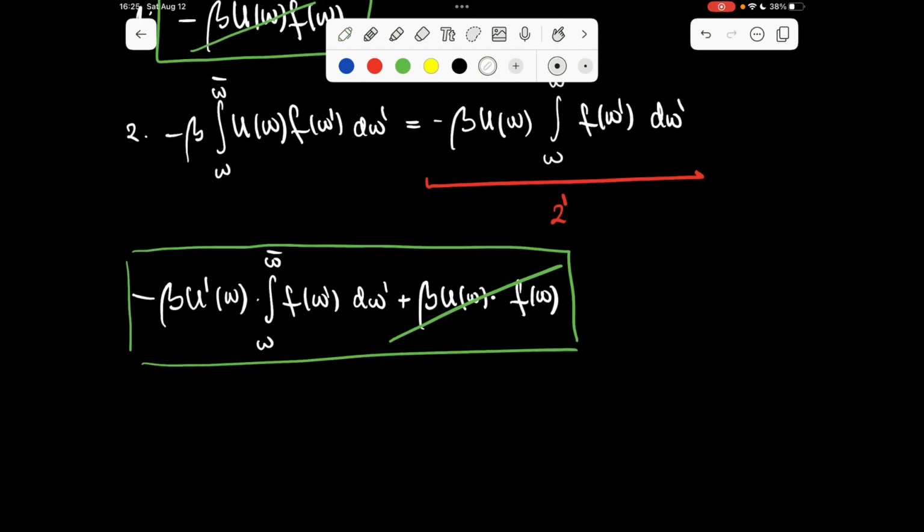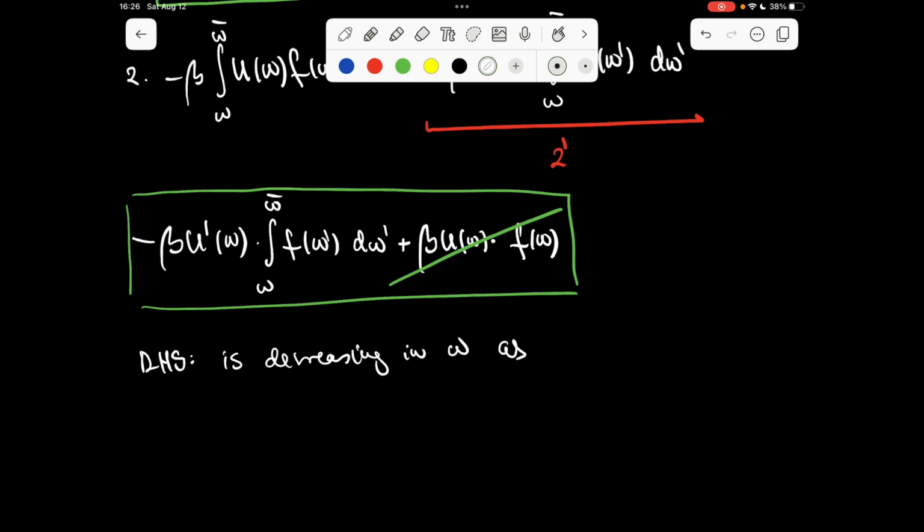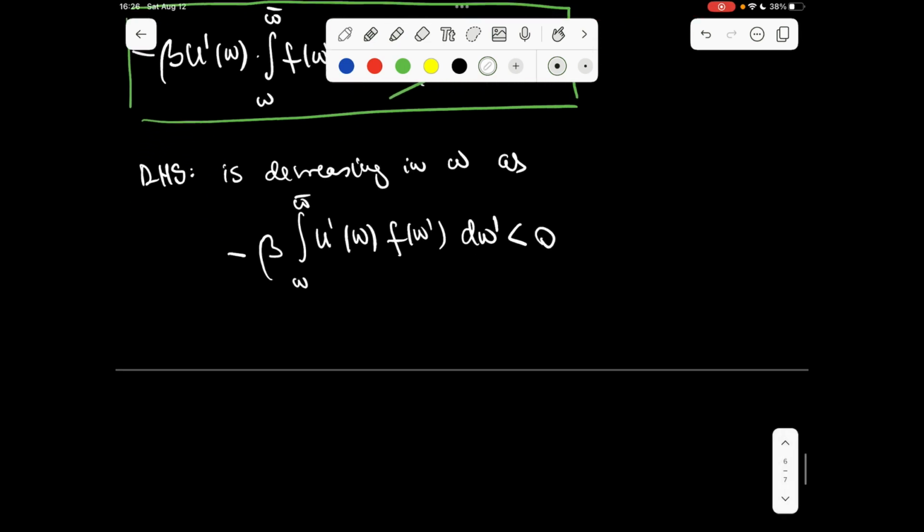So finally, the right hand side is decreasing in w because the utility function is strictly increasing in w, so the negative sign makes the whole expression negative.